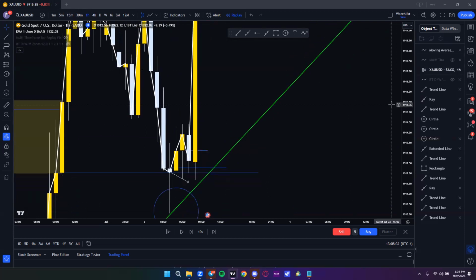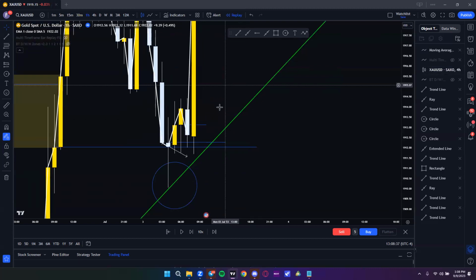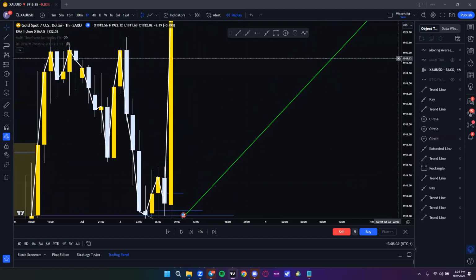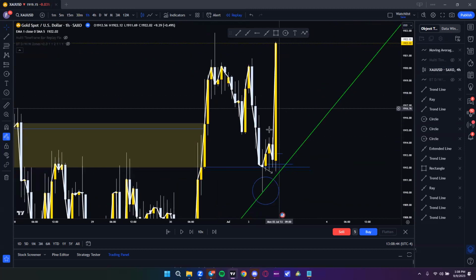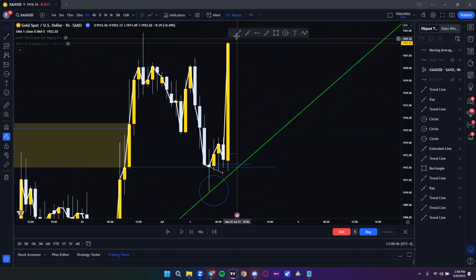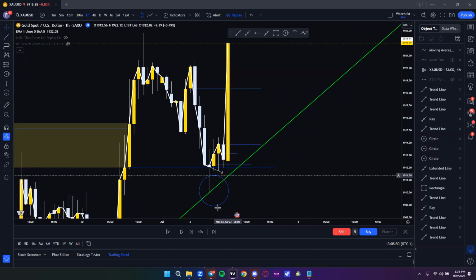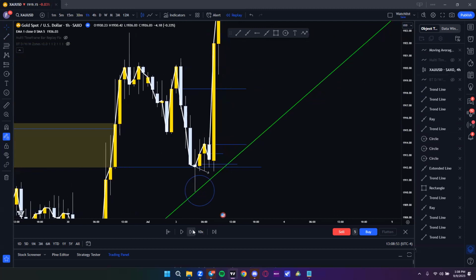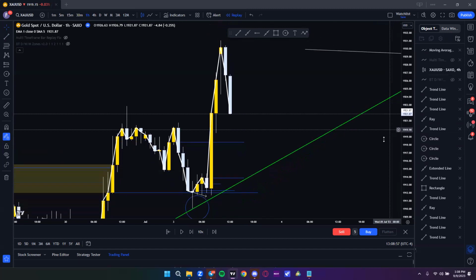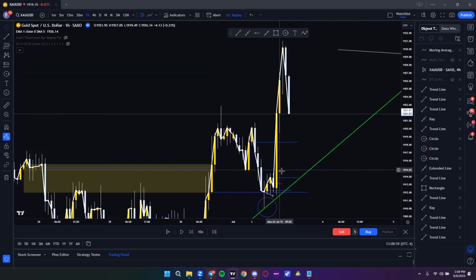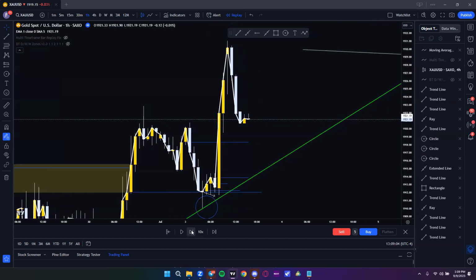And if you miss this one, there were multiple opportunities here, and then you get this really massive move, probably CPI or something, but you have this break here, and you have this break here. So let's see what happens when the price comes to those levels.